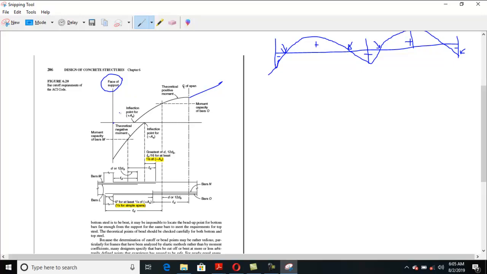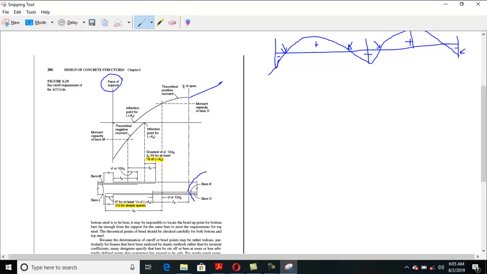What kind of information this diagram provides us is that you can see the beam there. This is the positive steel. ACI code basically says that if there are total bars there, and you are interested to cut the bars at this theoretical point, this is your theoretical point, and this is the point at which the maximum moment is happening.